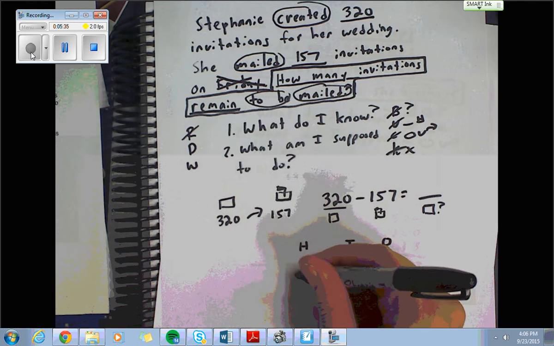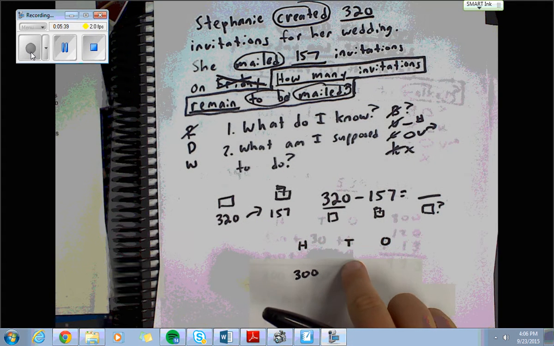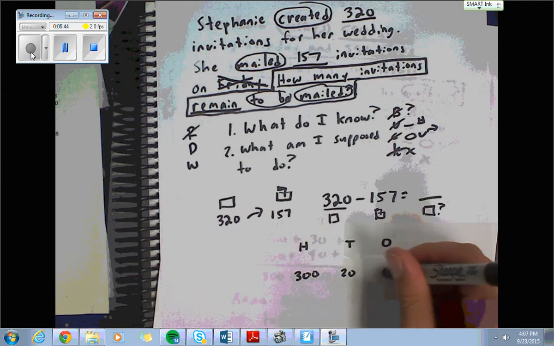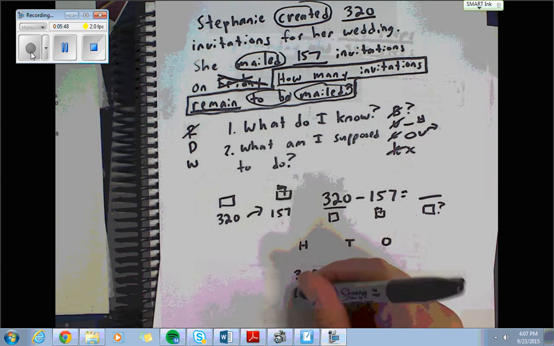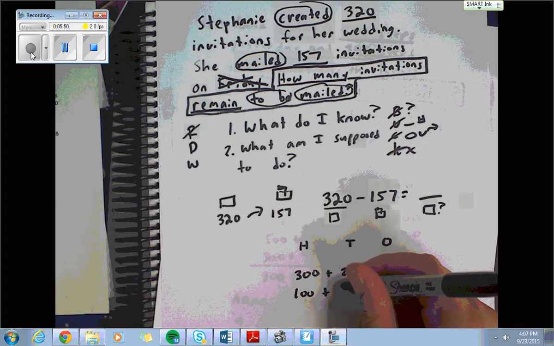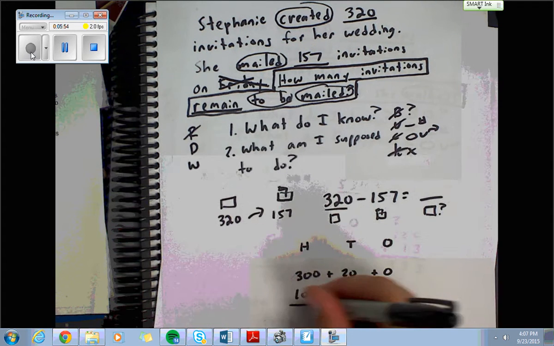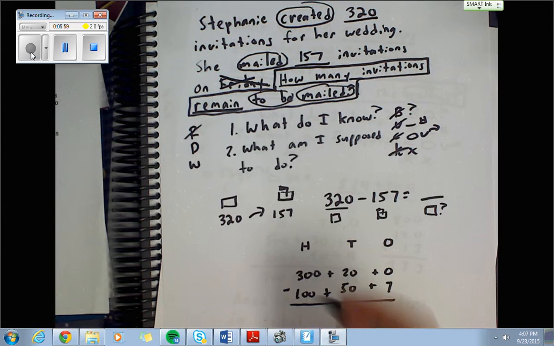My minuend has 3 hundreds, 2 tens, and 0 ones. Be sure to leave space for borrowing and regrouping if you need to. In my subtrahend, I have 1 hundred, 5 tens, and 7 ones. Since I'm finding a difference, I'm going to use subtraction for my model.